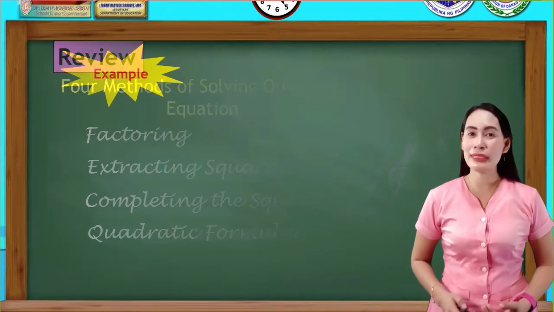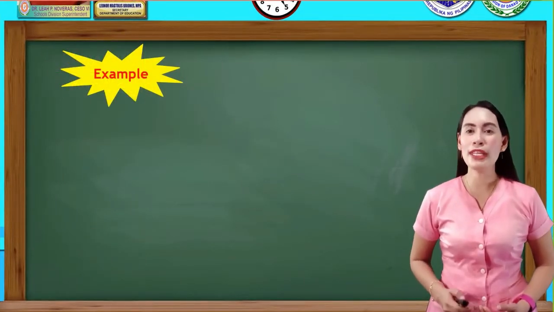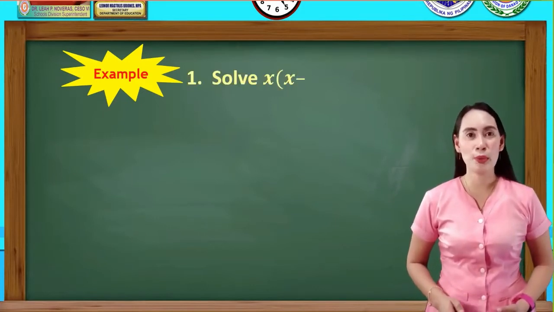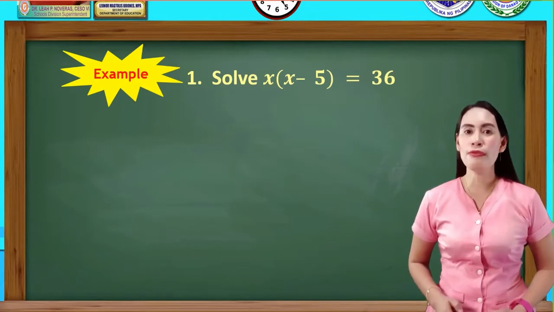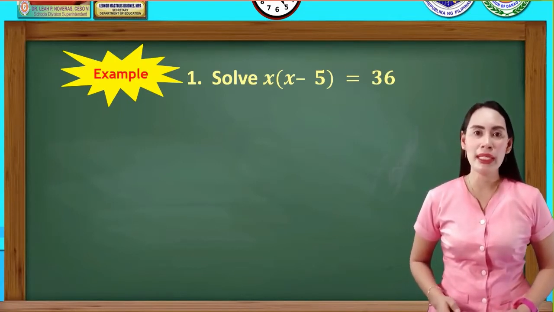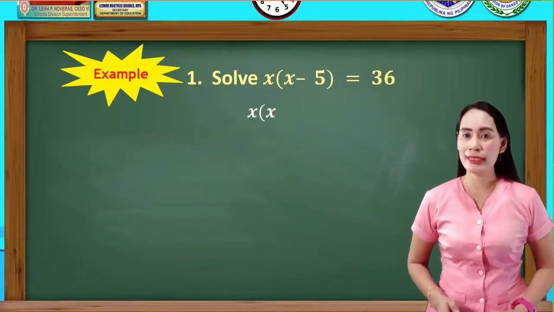So, I'll show you some examples in solving equations that are not written in standard form. So, example number 1, let us solve x times the quantity of x minus 5 equals 36.